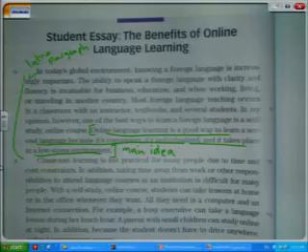Now, anything that comes after the main idea is supposed to serve the main idea. It has to give us details regarding the main idea. Okay? So let's read on and see how much detail we can get.